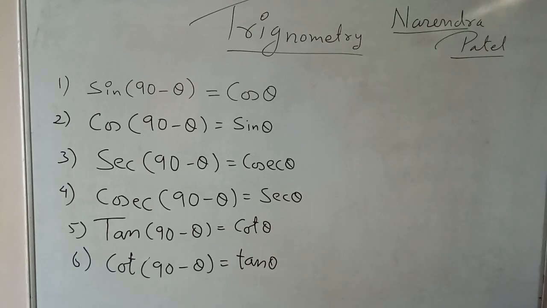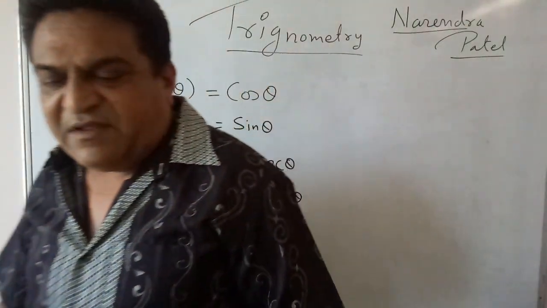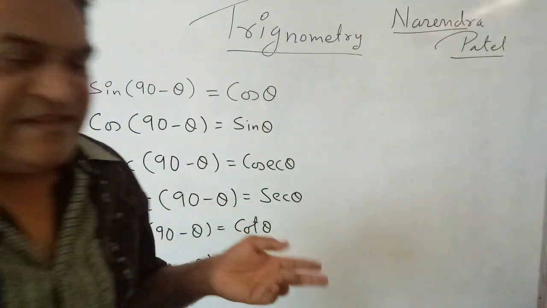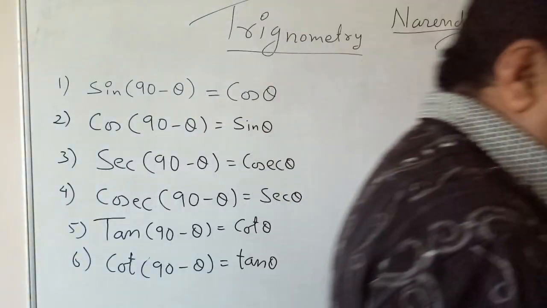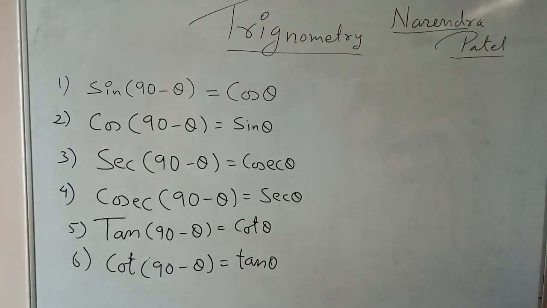These formulas will be asked as a sum. Now prepare all the formulas till now. I have given you identities, then the values table, and today you are getting complementary angles and how these complementary angles can be converted. So you have to go through it, prepare it, and do the sums given to you.